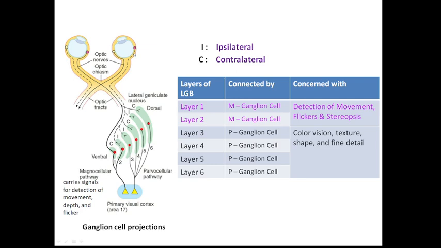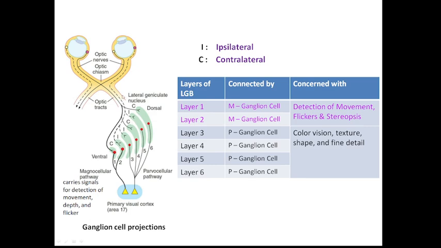That means the temporal fibers from, suppose, the right eye are coming to the second, third, and fifth layers of the lateral geniculate body of the right side, and the fibers from the left eye, that is the nasal fibers coming from the nasal part of the retina, are giving their connection to the first, fourth, and sixth layers of the lateral geniculate body, and these are contralateral connections.